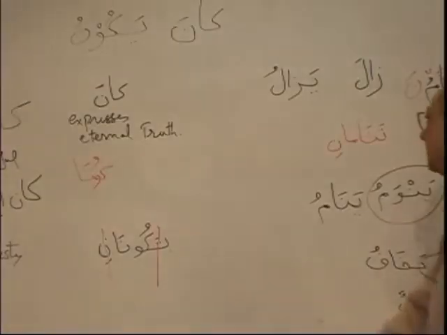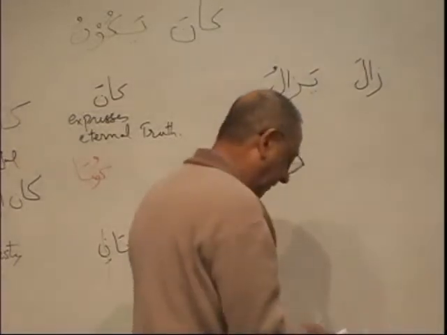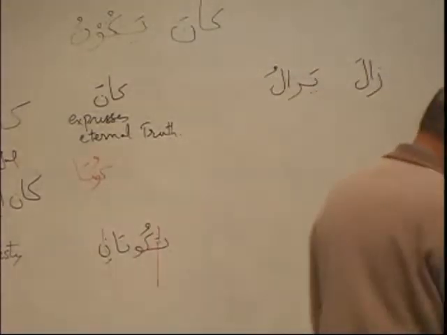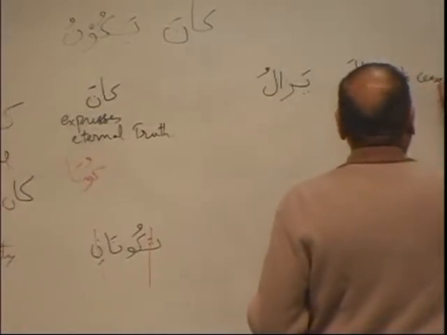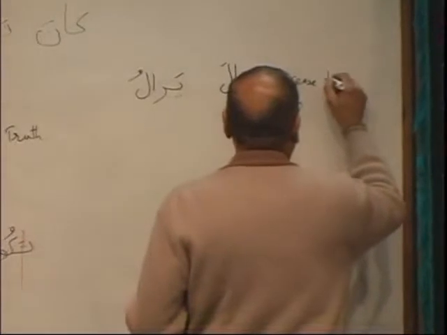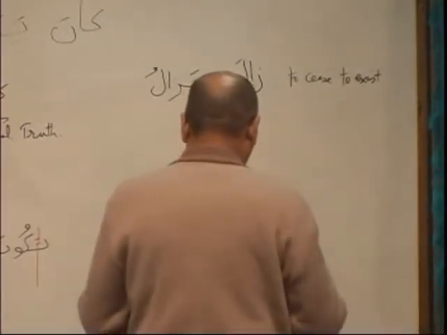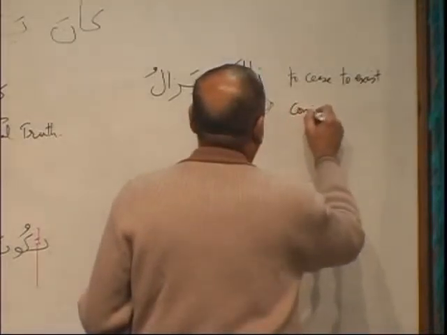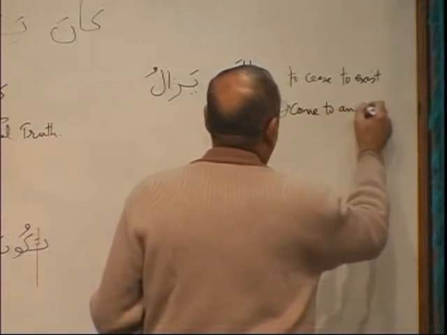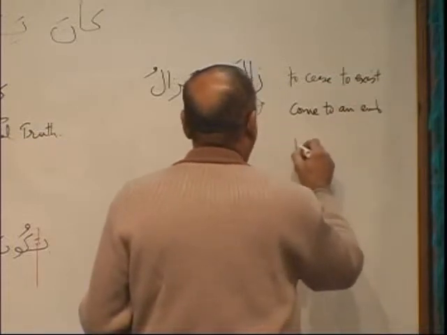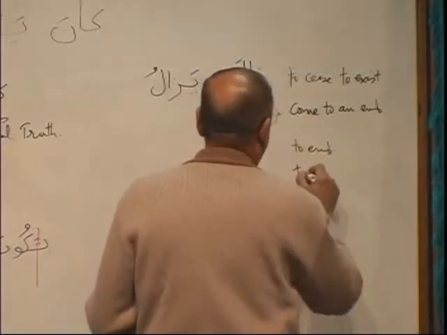We come to zala yazalu. What is the meaning of zala? To cease to exist, to come to an end, or to terminate.